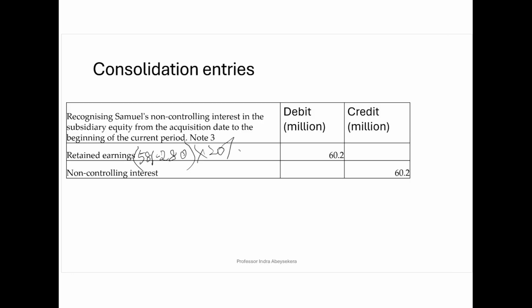So the non-controlling interest of Samuel increased by 60.2 million. So 581 minus 280 equals 301. And 301 times 20% is 60.2.